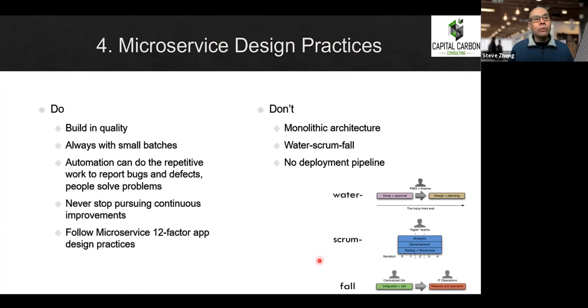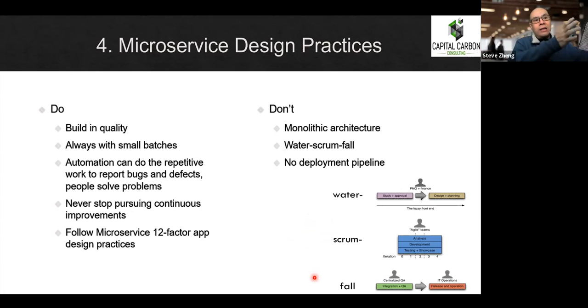But here I want to stress that running Scrum means a feature goes from the product backlog to the production environment smoothly and constantly. But with Water-Scrum-Fall, we can see clearly three stages.